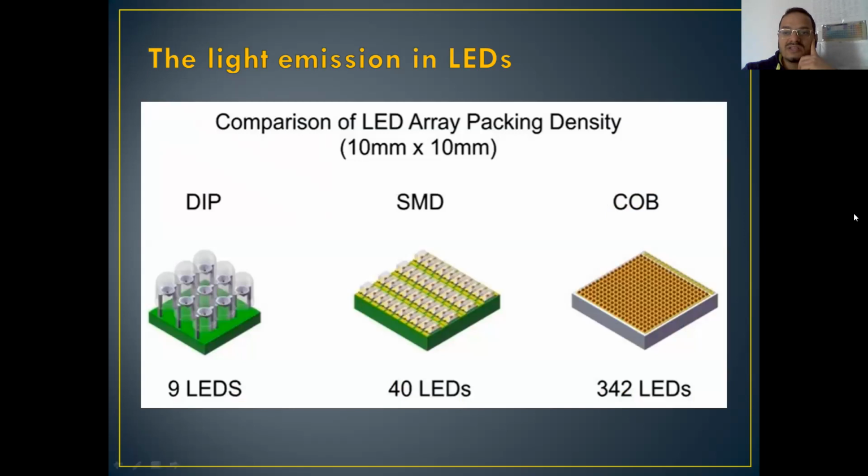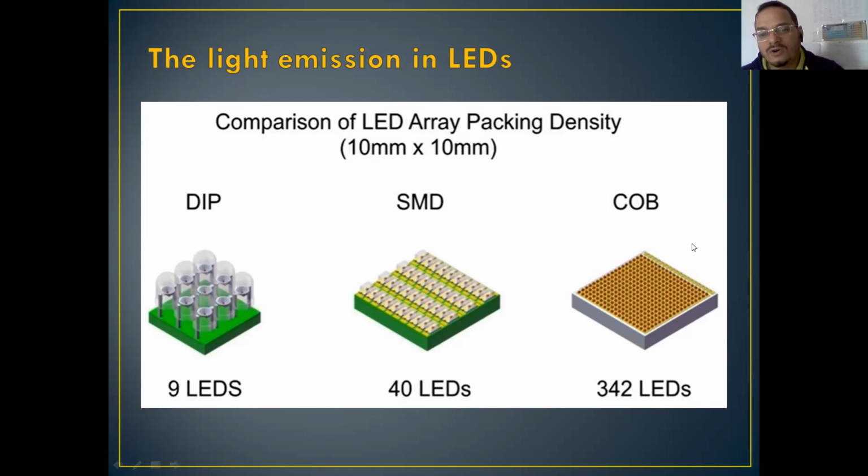Here, let's do a simple comparison between the first three kinds of LED light. The first one is the DIP light, the normal, ordinary one. At the same distance, this distance is 9 millimeters, we can put just 9 LEDs here and 40 LEDs here, because SMD is smaller than the ordinary type.